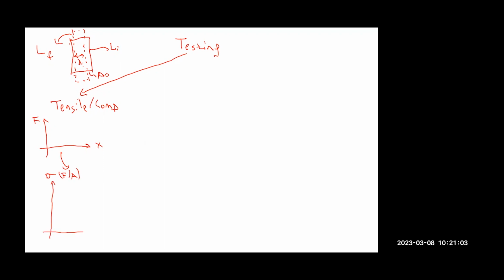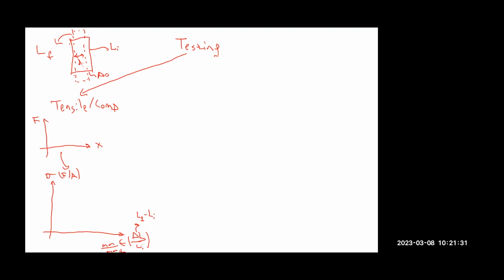Then we can convert this information to stress, which is nothing but force divided by area, versus strain, which is just elongation, delta L, which is L final minus L initial, divided by initial length. Strain is unitless, let's say millimeter divided by millimeter.